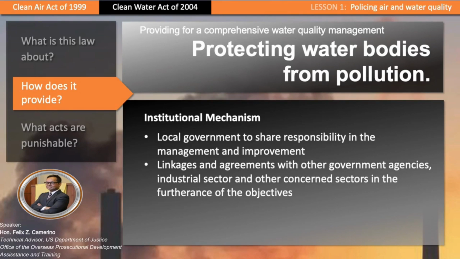So in these linkages, it's not just about making contacts, but it aims for agreements between them, since they do share in the responsibility. They do play a role somehow in protecting the water bodies. So it only makes sense that besides linkages, they come up with agreements that would harmonize their efforts and ensure that the objective of protecting water bodies from pollution is achieved.